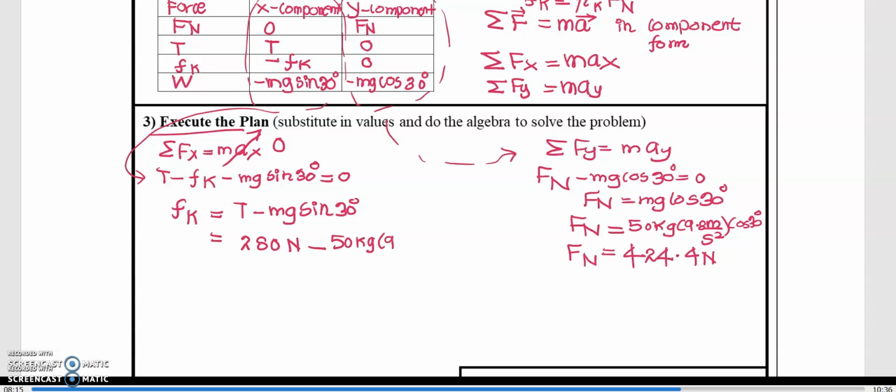So 280 newtons minus mass 50 kilograms times 9.8 meters per second squared times sine 30 degrees. If you solve for the kinetic friction, you will get 335 newtons in negative x direction.